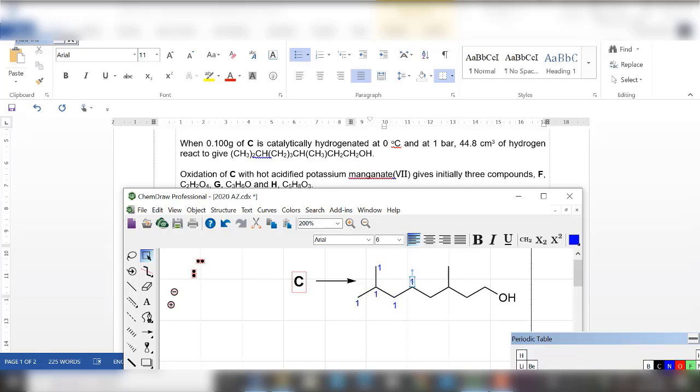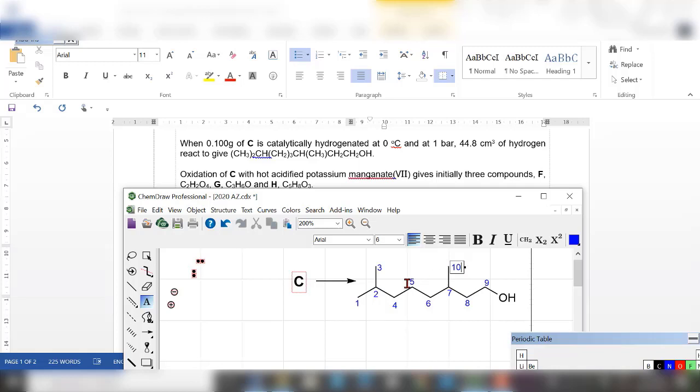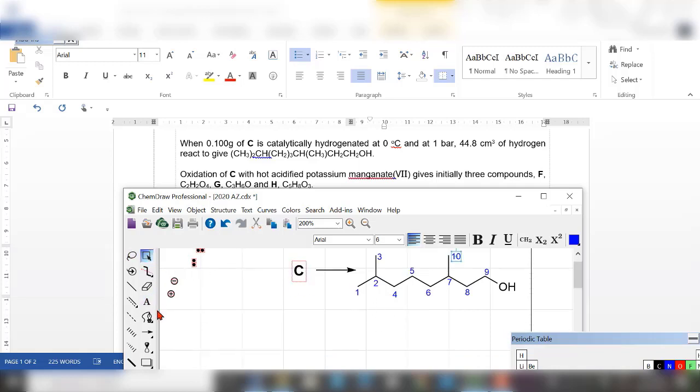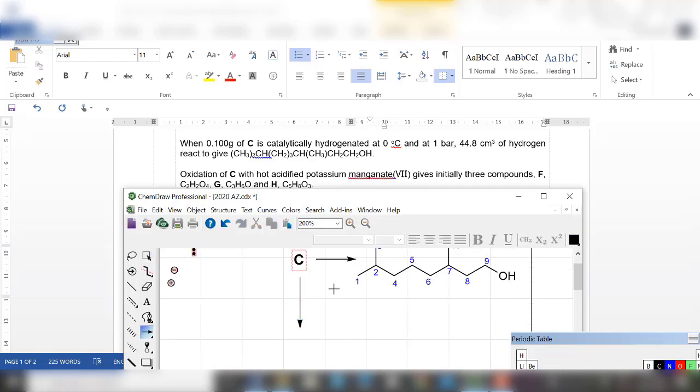Okay, I'm just going to write out all the numbers nicely. So you can have 2, and then 3, and then 4, 5, 6, 7, 8, 9, and then 10.